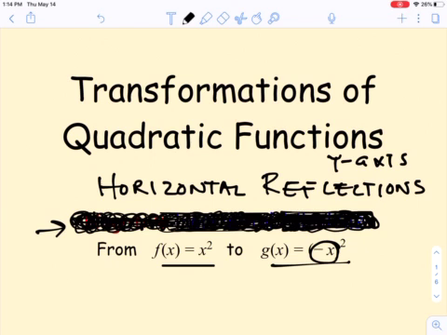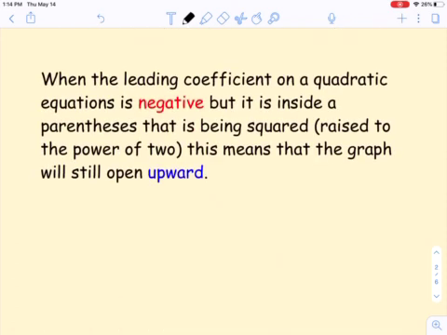That's one of the weird things about these horizontal reflections: you're going to look at this and be like, oh, it's kind of the same deal, right? So when it's squared, the graph is still going to move upward.